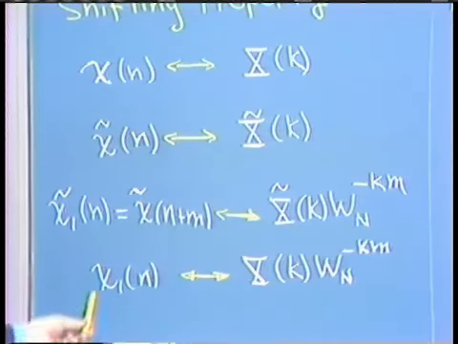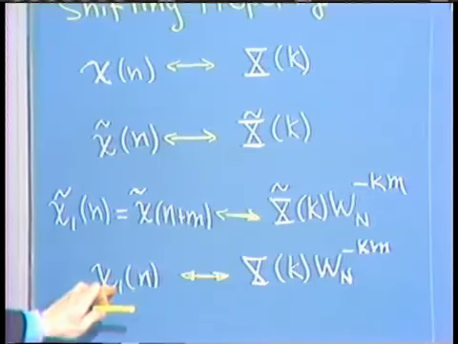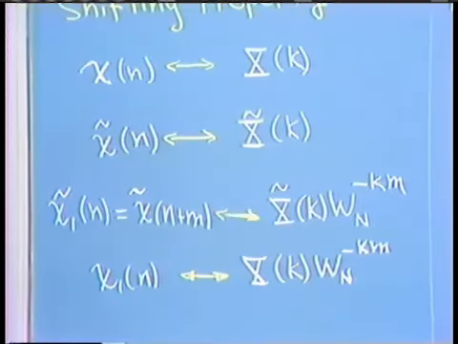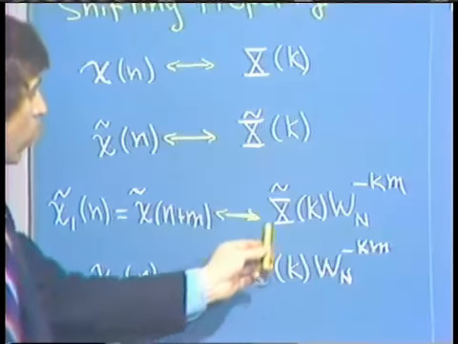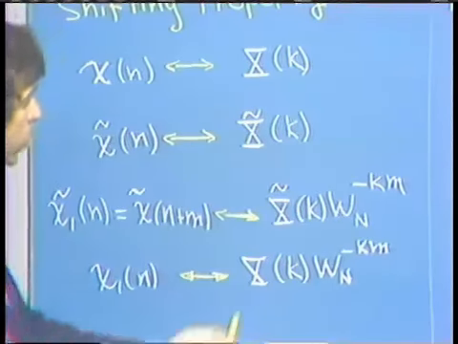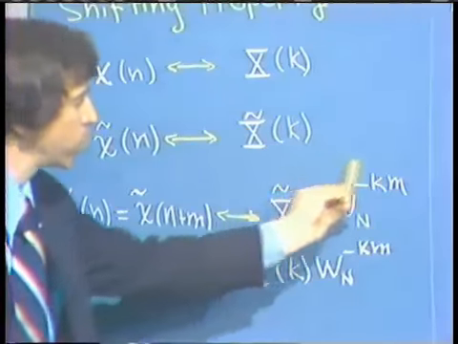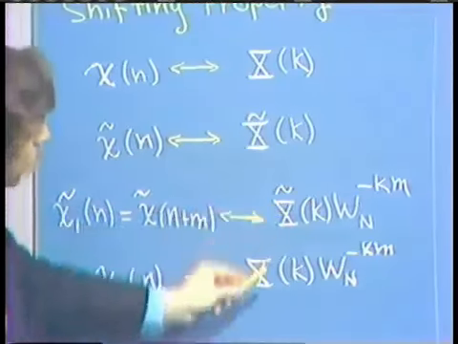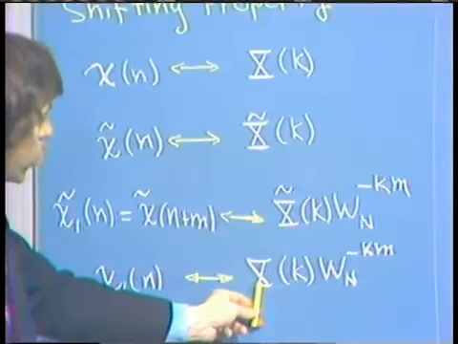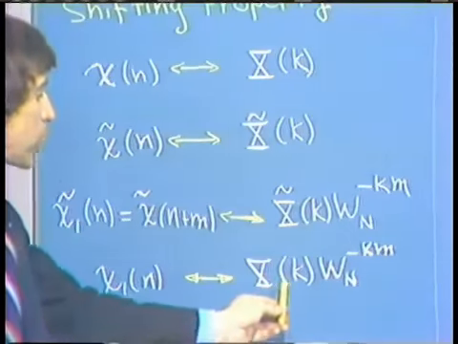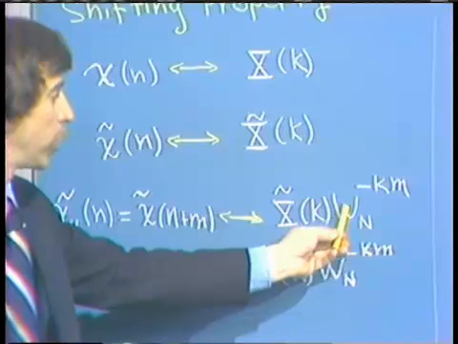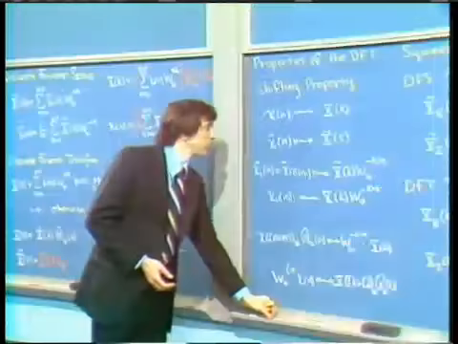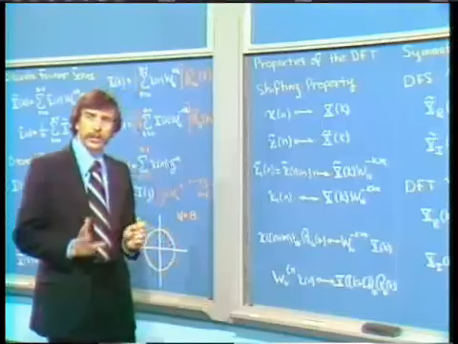If we do that, if we extract one period of x1 tilde of n to get a finite length sequence back, then we get a discrete Fourier transform which corresponds to extracting one period of this periodic sequence, and that then is simply the original discrete Fourier transform, capital X of k, multiplied again by W sub capital N to the minus km.